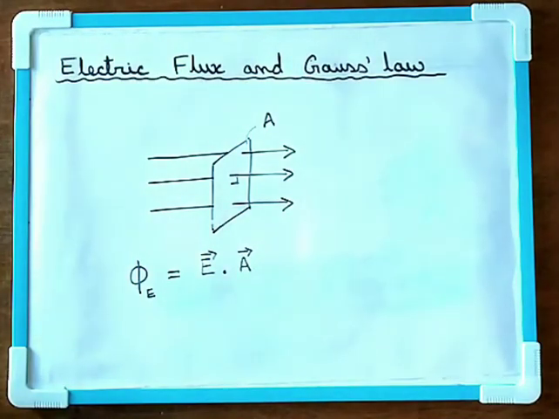So E dot A, that is the definition of your electric flux: the dot product of the electric field vector E and the area vector A.